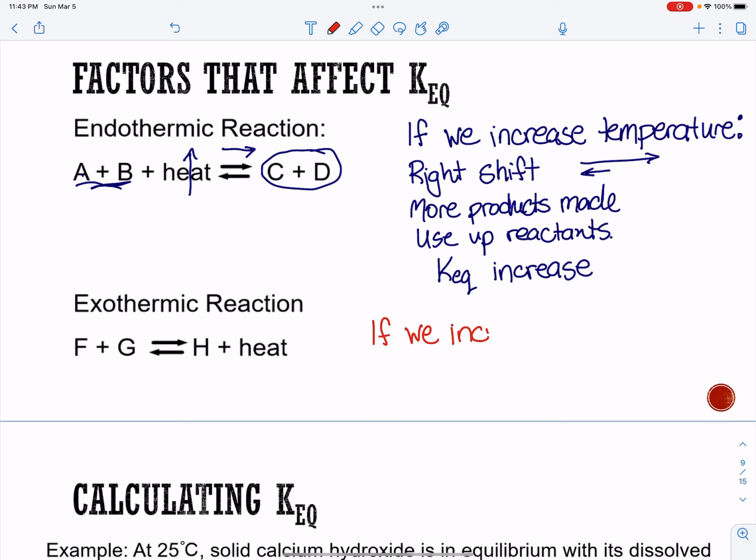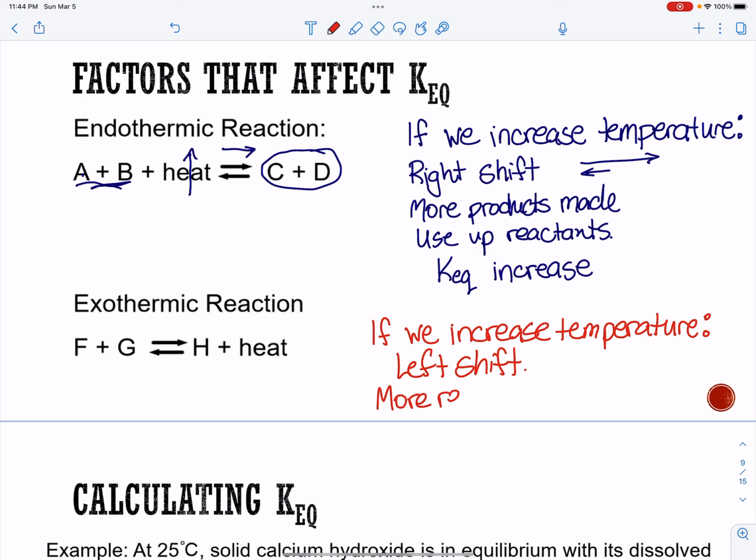Now, with an exothermic reaction, that should be the opposite. If we increase the temperature, that's going to cause a left shift. And if we get a left shift, we're going to get more reactants made, more of the stuff on the left, and we're going to have fewer products.